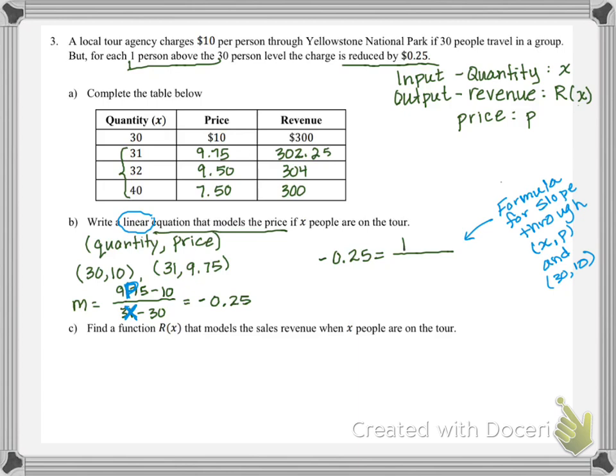So we have P minus 10 over X minus 30. So we'll clear fractions. Distribute.